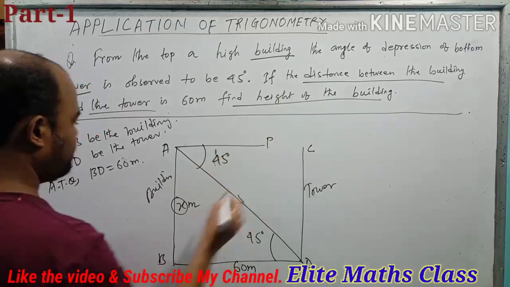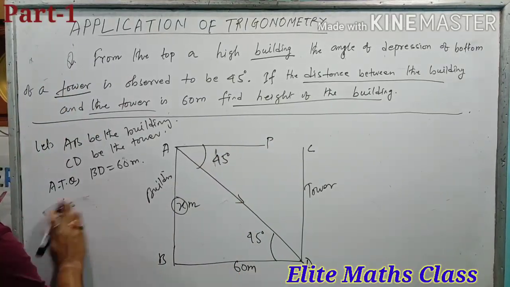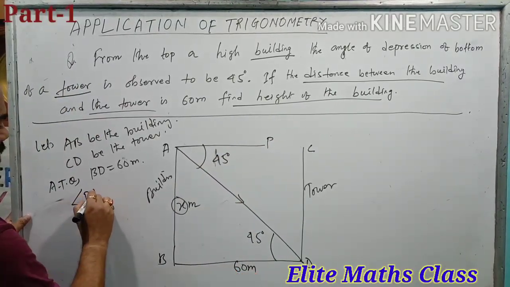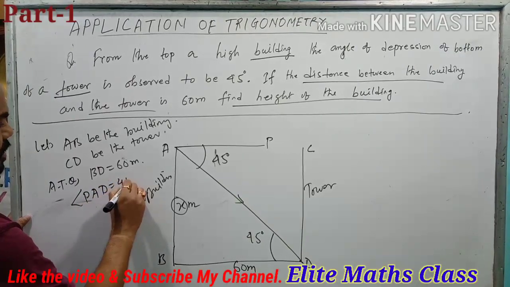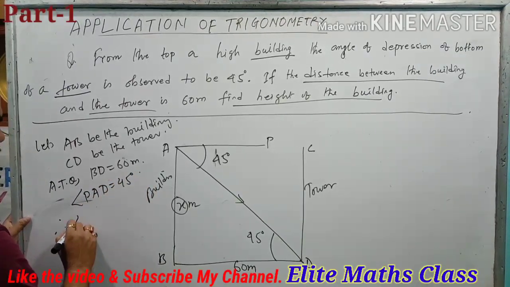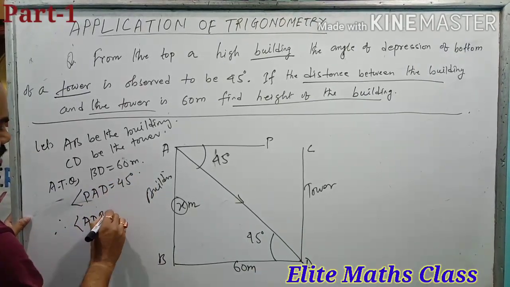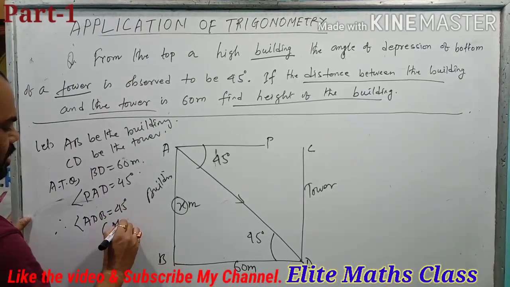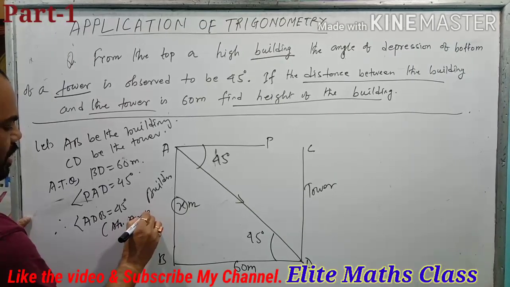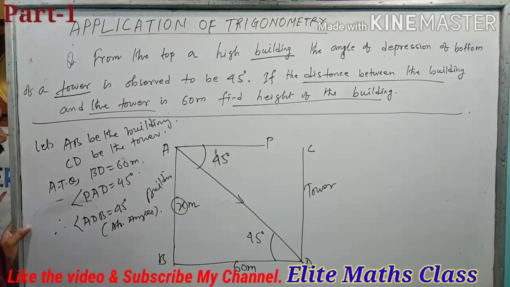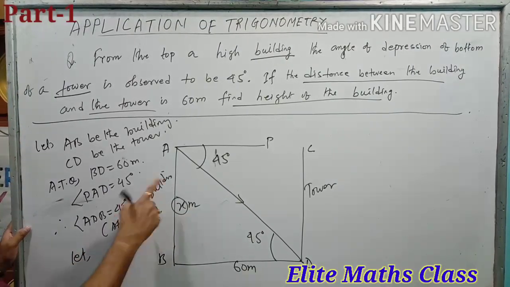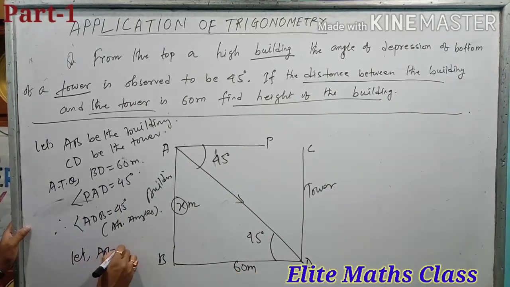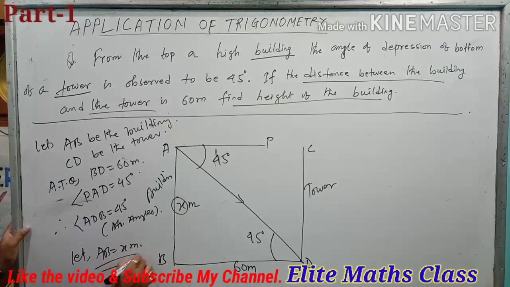Say it is P. ATQ angle of depression PAD equal to 45 degree. Therefore angle ADB is also 45 degree since they are alternate angles. What we have to find? We have to find AB. Let AB equal to x meter.